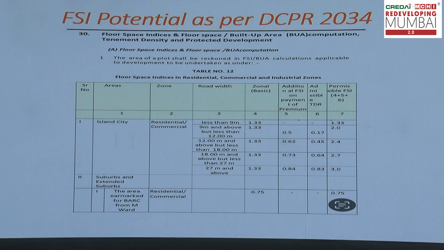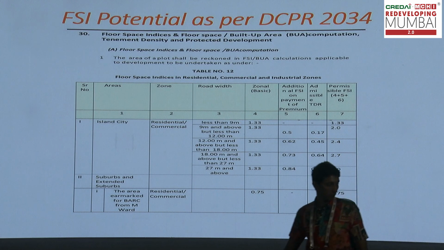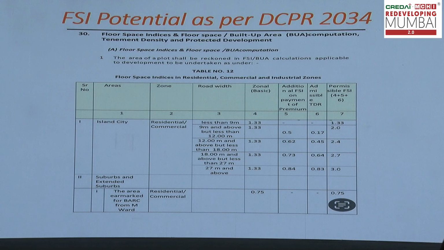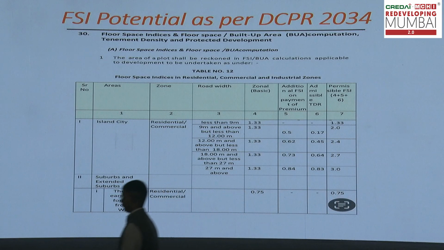Thereafter, depending upon the road width, the FSI potential differs, and the more road width available to the plot, the higher the FSI permissible. So in the city area, the FSI varies from 1.33 to 3, depending upon the road width.